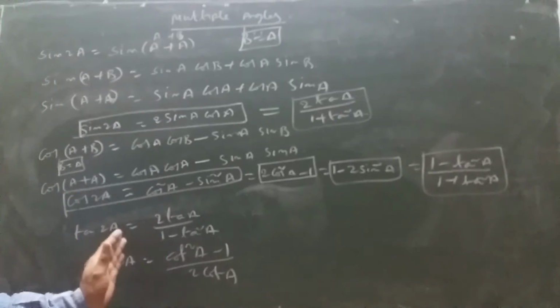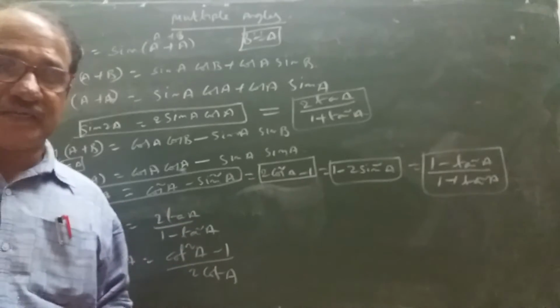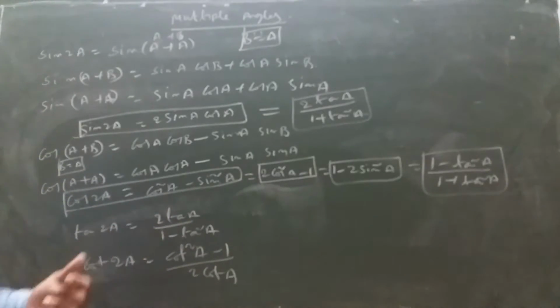Tan 2A is tan of A plus A, and by using tan A plus B equals tan A plus tan B by 1 minus tan A tan B, you can prove it.